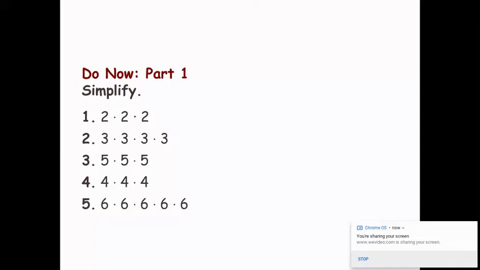So number 1, how would you simplify this? How would you solve that? You would say 2 times 2 is 4, 4 times 2 is 8. Okay, how about number 2? The answer is 81. How about number 3? 125.